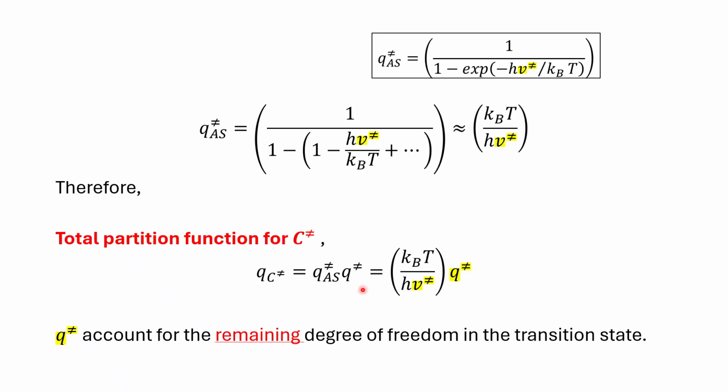So the term Q double dagger accounts for the remaining degrees of freedom in the transition state. This is the 3 translational, the rotational, and the remaining non-reaction coordinate vibrational modes.